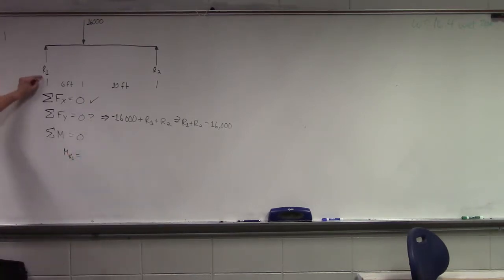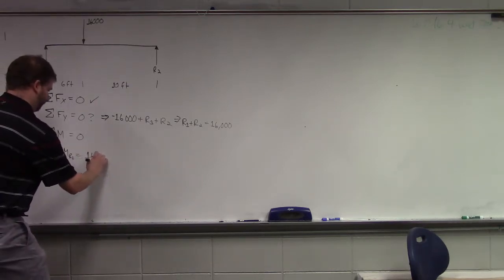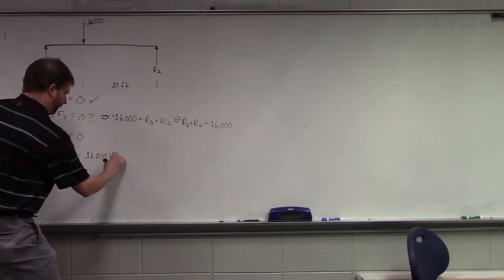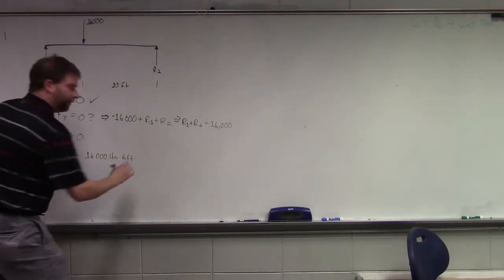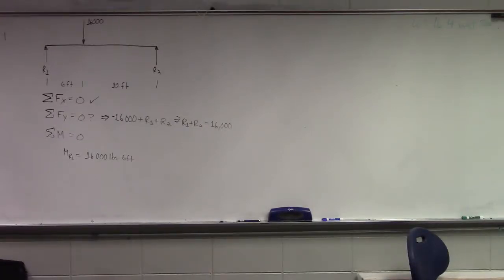So if we're looking at the moment about R1, right, we've got 16,000 pounds trying to rotate clockwise. And it's at a distance of 6 feet. So when you check your notes from before, I remember solving for the moments way in the beginning.